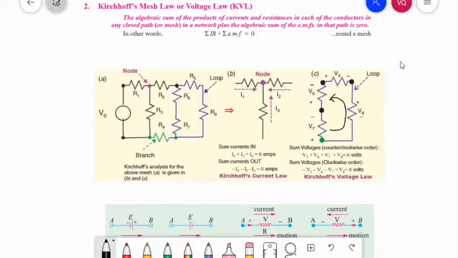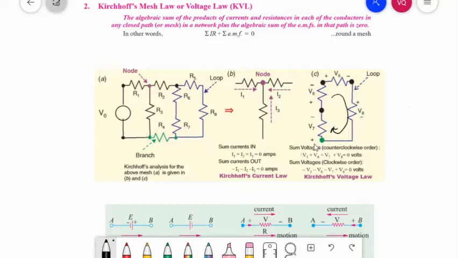But if we consider the clockwise direction, we start again with V5. Your current entering the positive sign is equal to a fall, so you will have a negative sign of voltage drop V5. Same here with V8, the positive V8, so you will have negative.